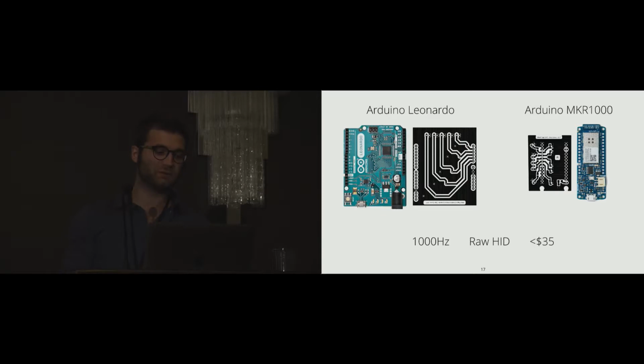The 5 sensors are plugged into a microcontroller through a custom-designed shield. We developed a device prototype using Arduino boards that reads the voltage of each sensor and sends the raw values to a host computer at 1,000 Hertz using raw HID over USB. In total, it costs less than $35.